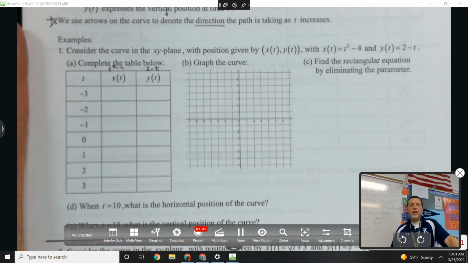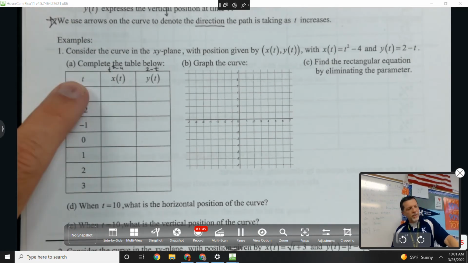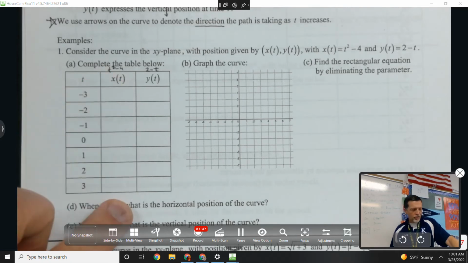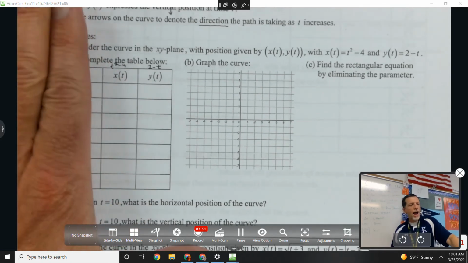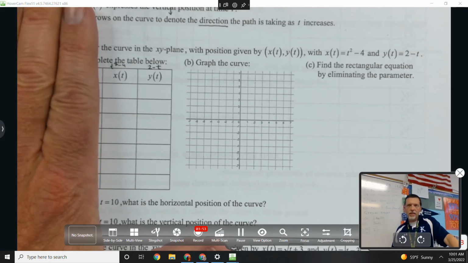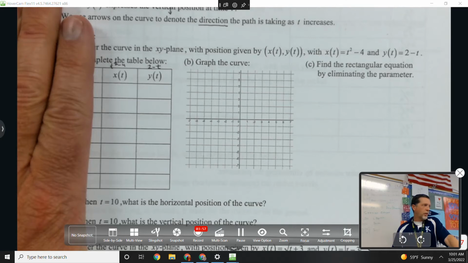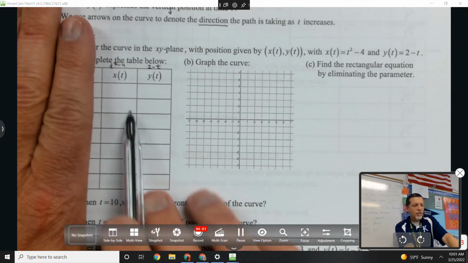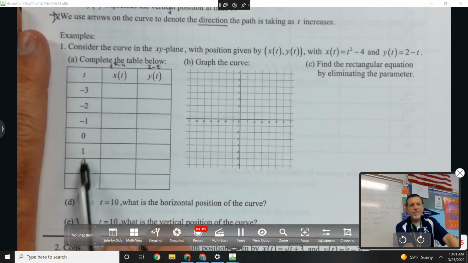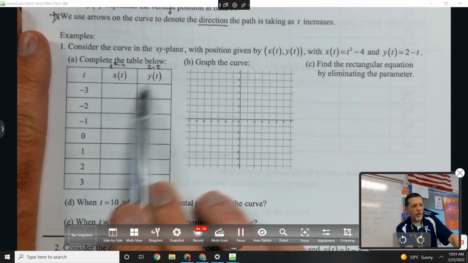But now we've got this extra variable t. We'll pick some t's. We'll plug the t into x to get the x coordinates. We'll plug the t into y to get the y coordinates. And then we'll graph the x and y. So when we get to the end of the table, it becomes a regular graphing problem. Just graph x and y like normal. But getting x and y is the new part. So rather than just picking x's and plugging them into y, we're picking t's, plugging them into x and y.